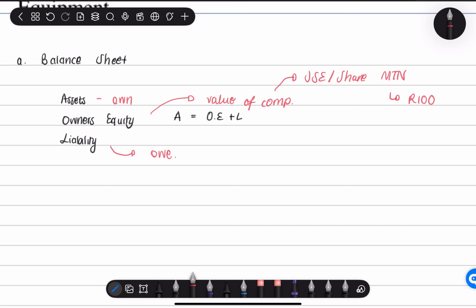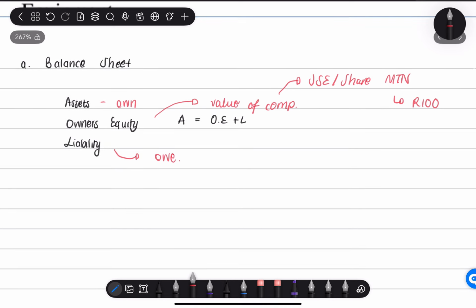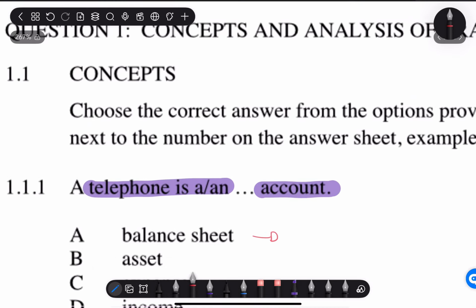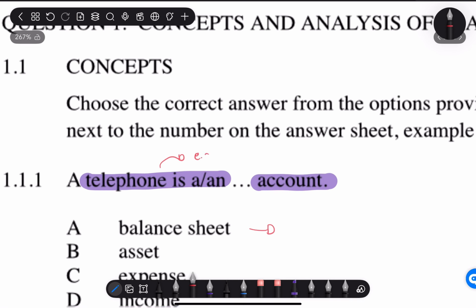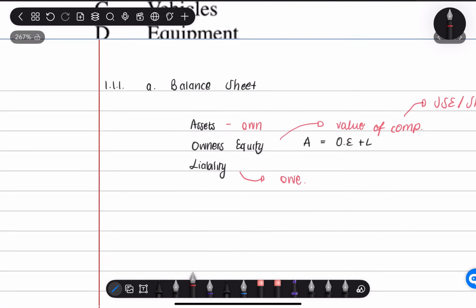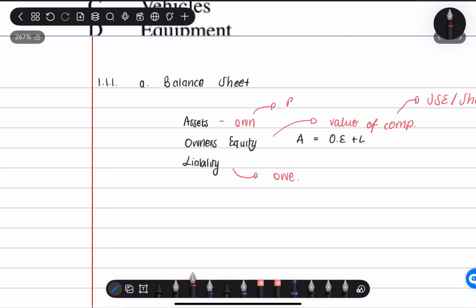If you owe somebody something, you have a liability. So do you own a telephone account? Let's take a step back. Telephone account, for example, is your contract with Vodacom. If you have an iPhone and you took out a contract with Vodacom and every month you pay 500 Rand, this is your telephone account. Is your telephone account something you own? No. You don't own the 500 Rand that goes to Vodacom every month, so it's not an asset.